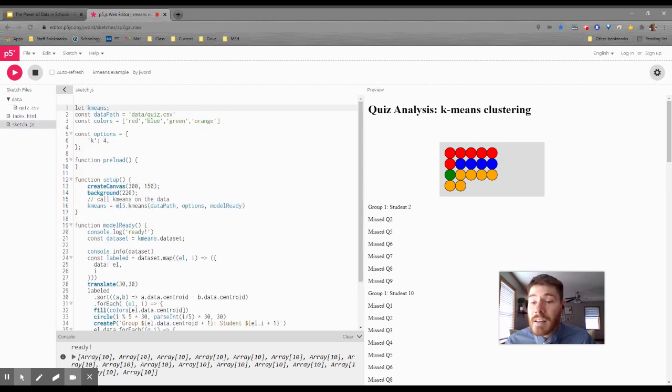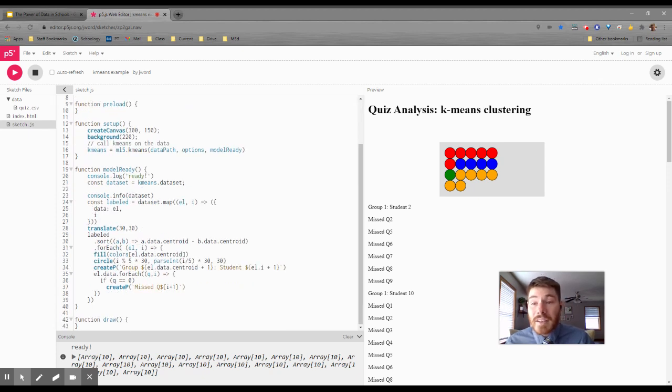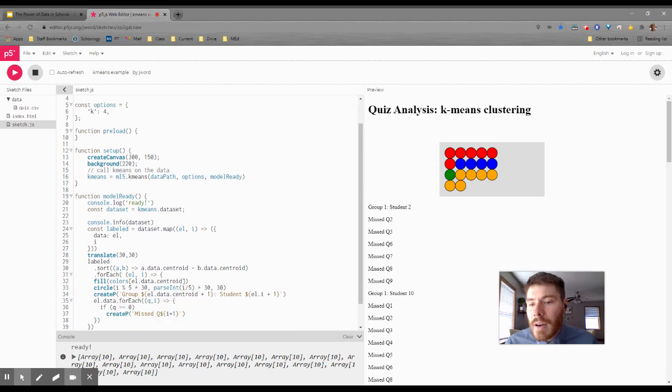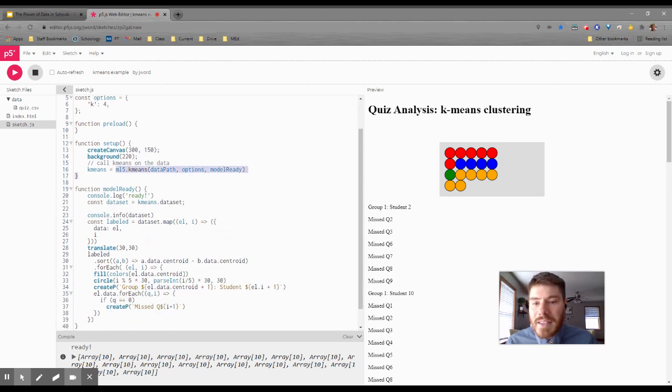I'm using the ML5 library along with this P5 JS library, which makes doing visualizations a little bit easier in JavaScript. But the key part here is using this ML5 library, which allows me to do many different artificial intelligence algorithms fairly easily with some pretty simple JavaScript.